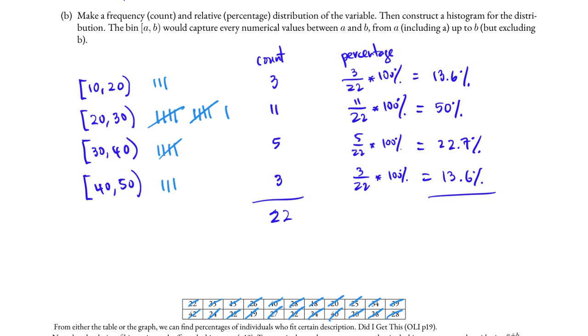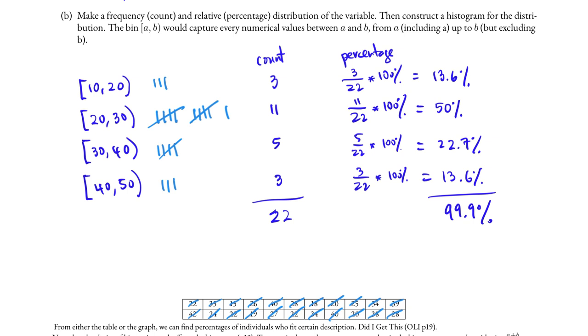And if we don't get 100% precisely, then that is still okay if it's off by 0.01 or even 0.1%. So the total in this case is 99.9%, which is still okay because of the round-off error. But this number should be very close to 100%.